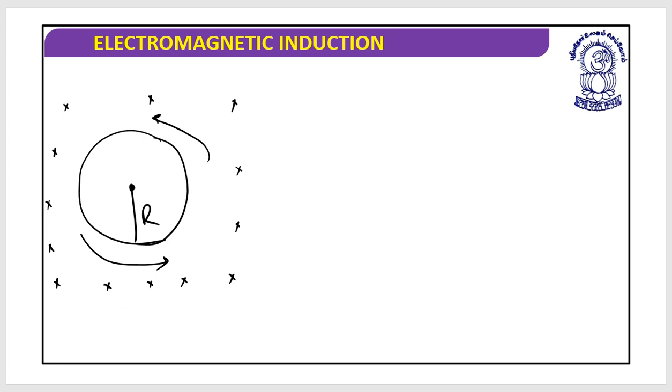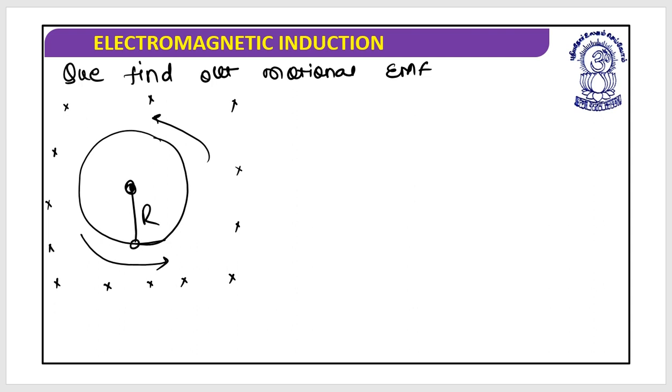If this is the case, and they ask me to find out the motional EMF, how will I do this? What should I do? What is there in your mind? How will you do this?